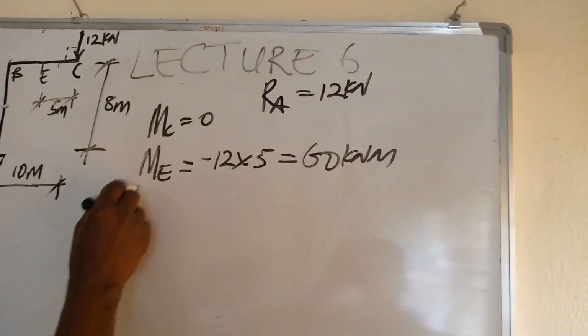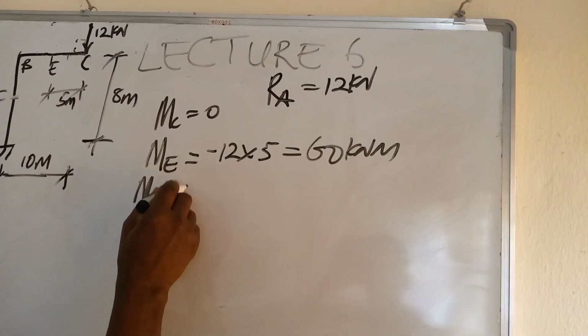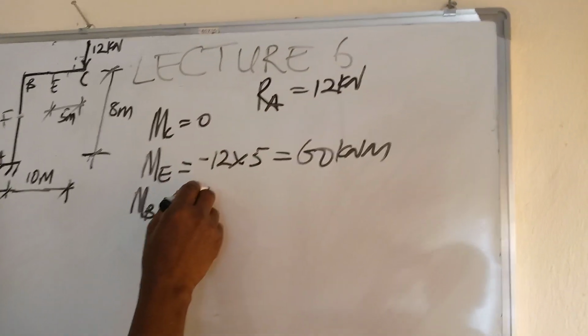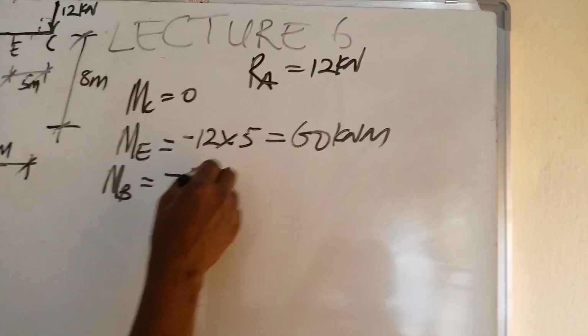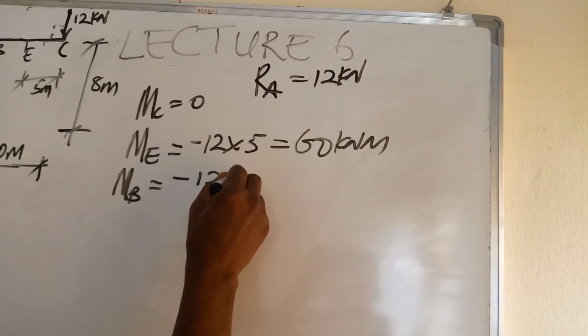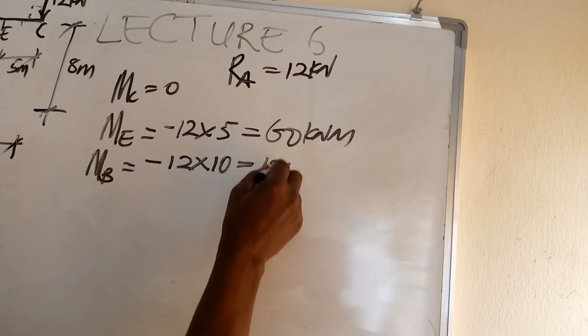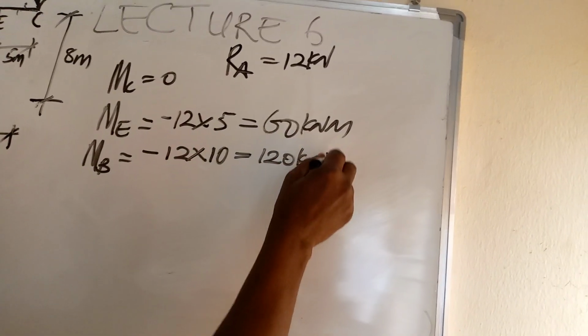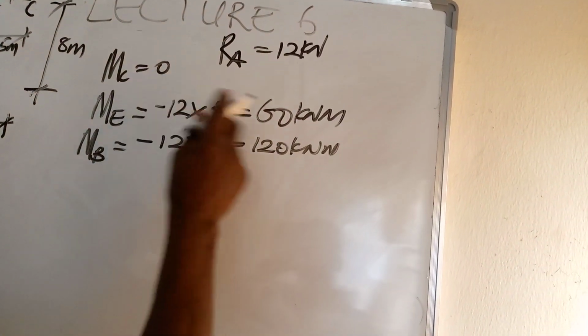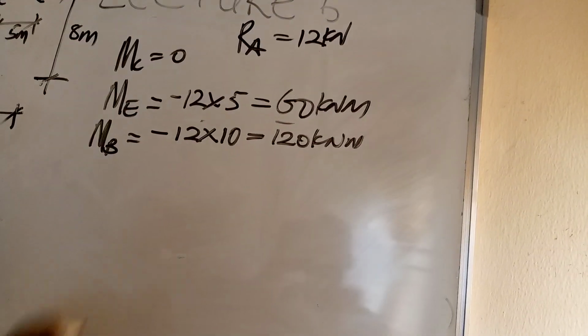Then at B, M at B is equal to minus 12 times 10, which is minus 120 kilonewton meter.